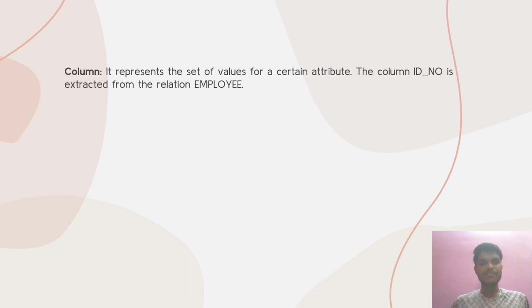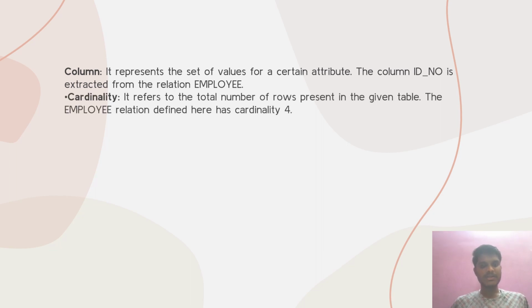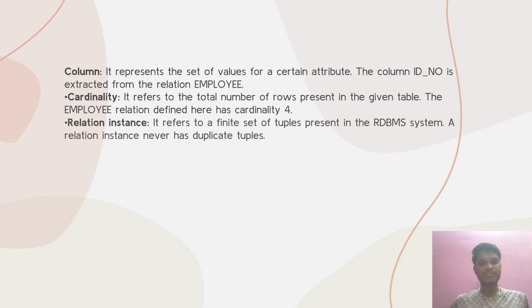Next, column. It represents the set of values for a certain attribute. The column ID number is extracted from the relation employee. Next, cardinality. It refers to the total number of rows present in the given table. The employee relation defined here has cardinality 4.